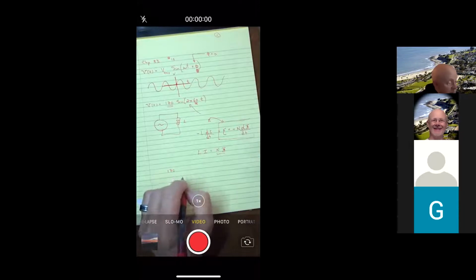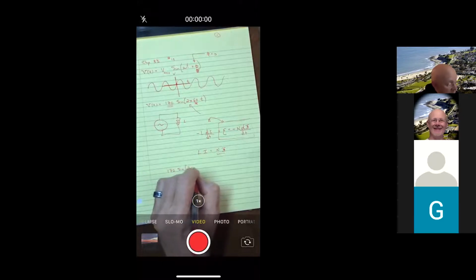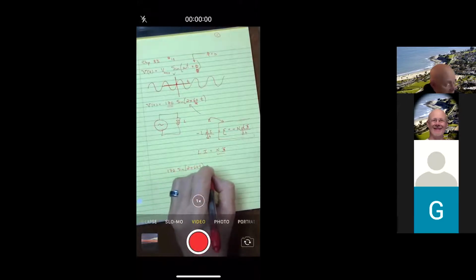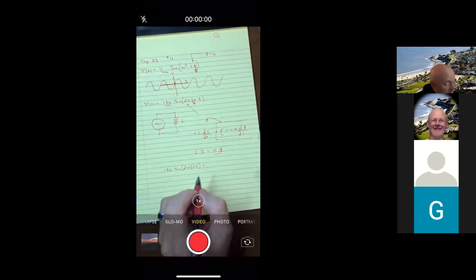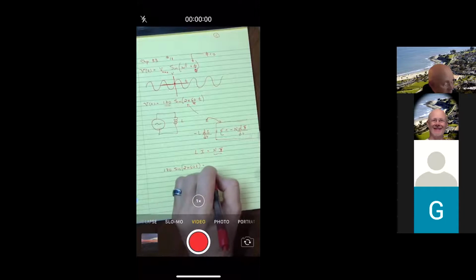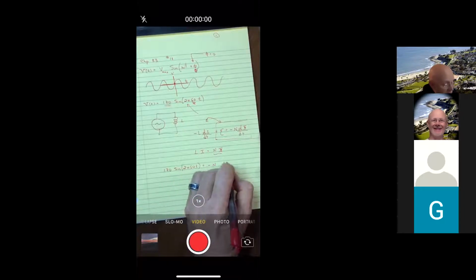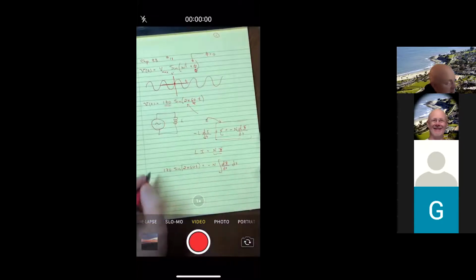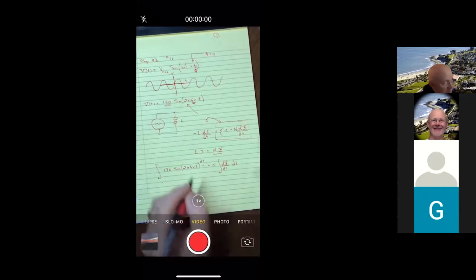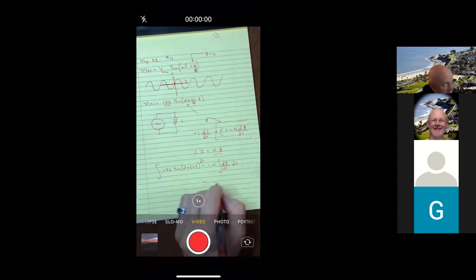Let me write this as 170 times the sine of 2 pi 60t equaling N, and I've got the derivative of phi over t. Well, let me do an integration of both sides of dt. So not worrying about the negative, that's my N times my flux. That's what I want.